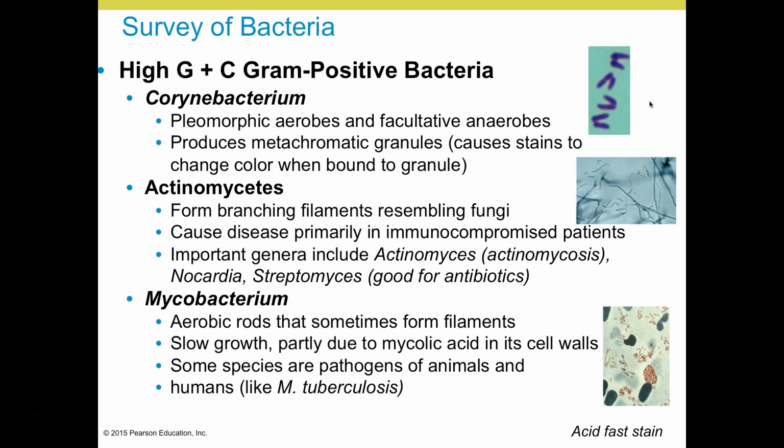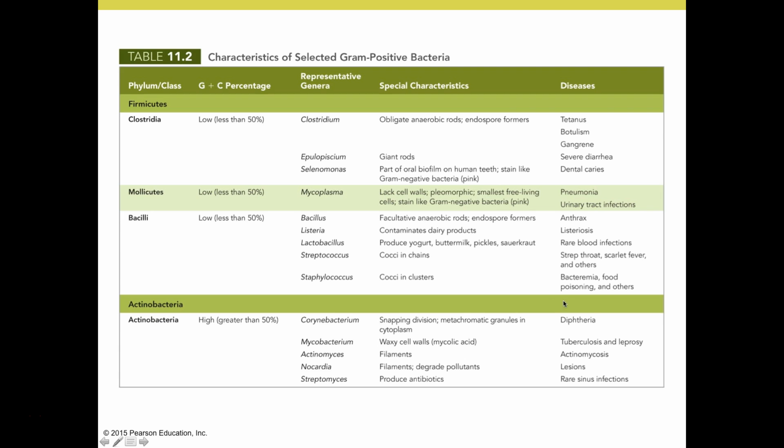The high content of guanosine and cytosine gram-positives are your corynebacterium, which are aerobes, your actinomycetes, and your mycobacterium, which are known as acid-fast stain positive. This is a table that I recommend that you look at and use as a good studying tool.